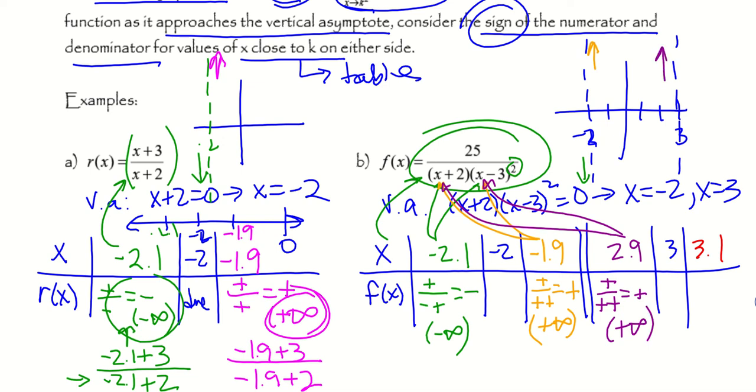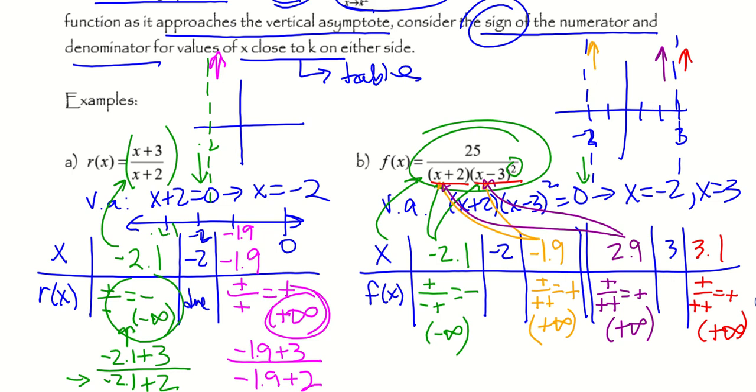If we plug in 3.1 for our x's, we have positive over 3.1 plus 2 is positive times 3.1 minus 3 squared is positive, and we get positive again. So on the right side, it's going up as well. And so we know how our function is behaving close to its vertical asymptotes.